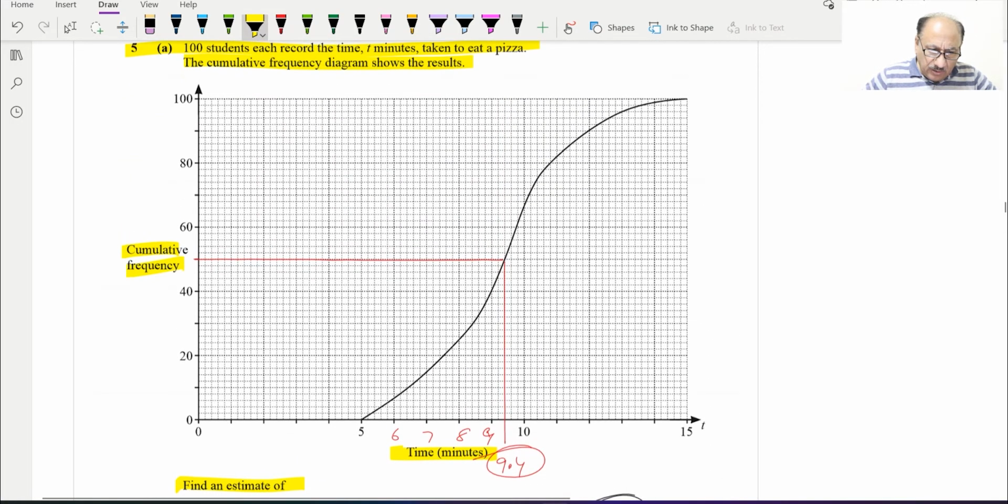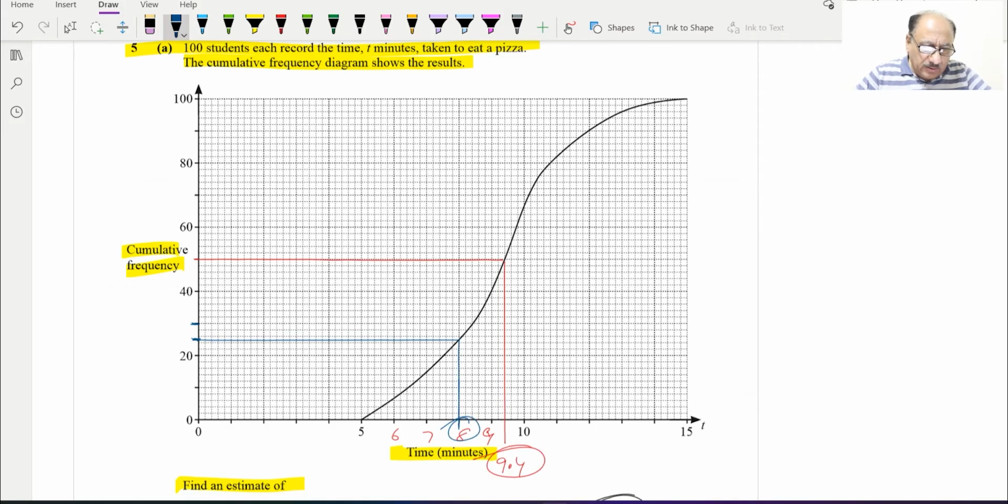And then they are asking for the interquartile range. Interquartile range is upper quartile minus lower quartile, so the 75th percentile and the 25th percentile. This one is 30, so the middle of 30 will be 25. From 25 we can check the reference point, which is 8.